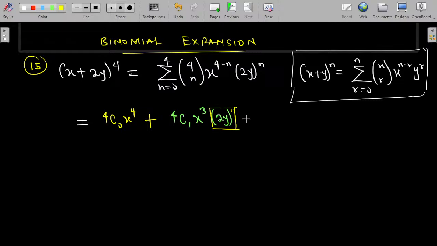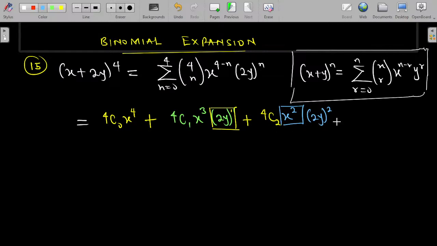Then plus the next thing will be 4 combination 2, and then x raised to power 4 minus 2, which is 2. That's actually what was missing here. There's a box here, and the other one was 2y to the power of 2, because the power of 2y will always be the value of your n here.